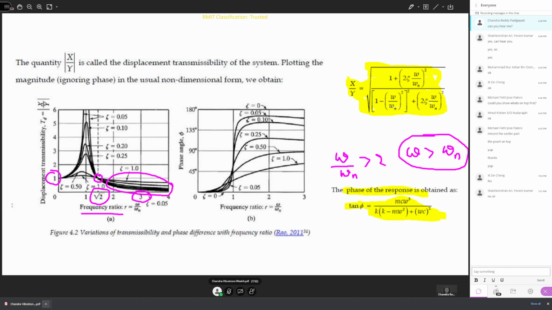When the frequency ratio is greater than 2, or for higher frequency ratios, the displacement transmissibility is below 1. Below 1 means the transmitted force is less than the external force.